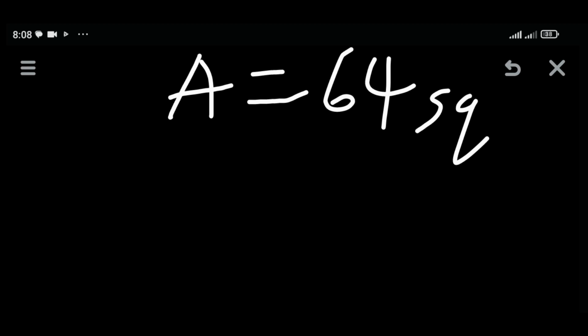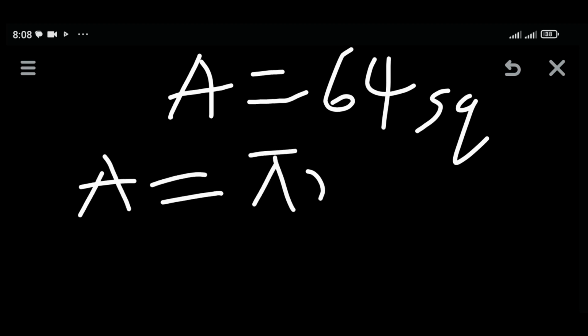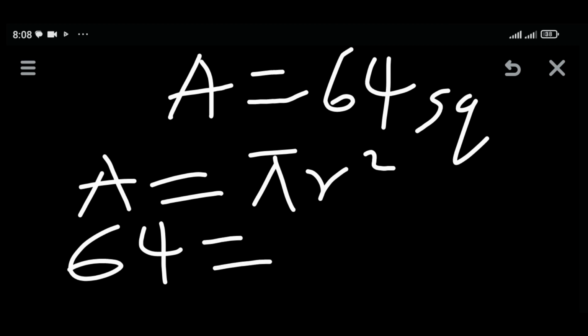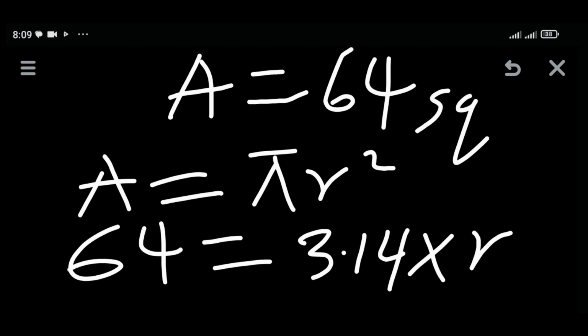From here, area A equals pi r squared. Then our area A, which is 64 square meters, will be equal to pi, 3.14, multiplied by r squared.